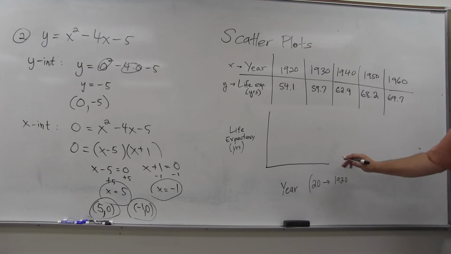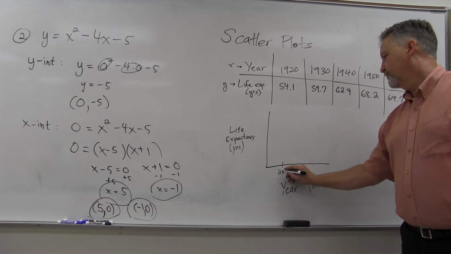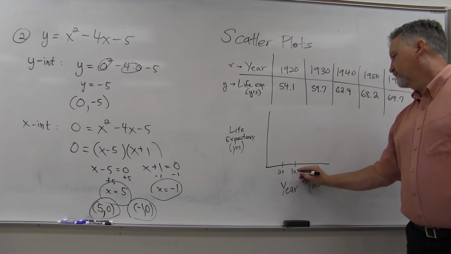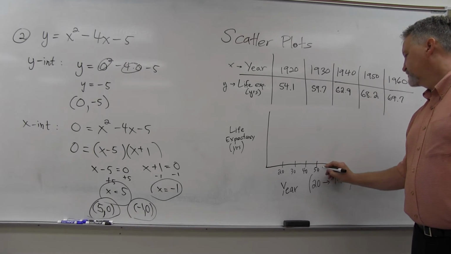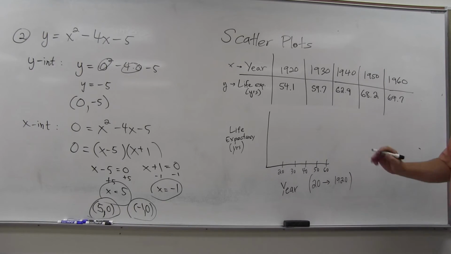I could write 1920, but it will probably look better if I do my years like that. So I've got 20, 30, 40, 50, 60. Whatever we do, just make a notation that that's what it means.